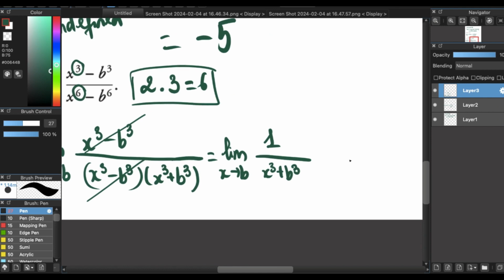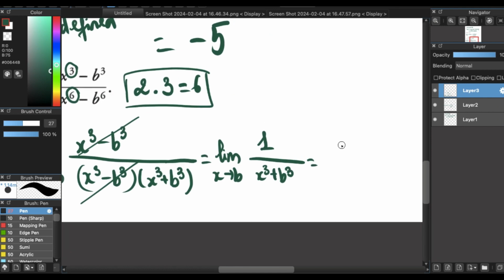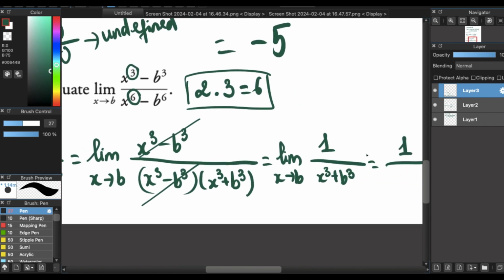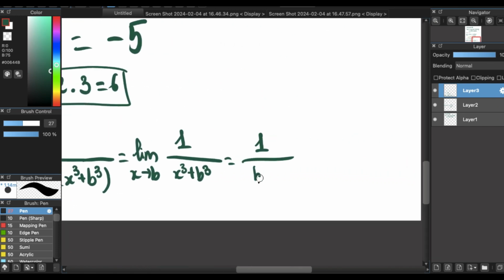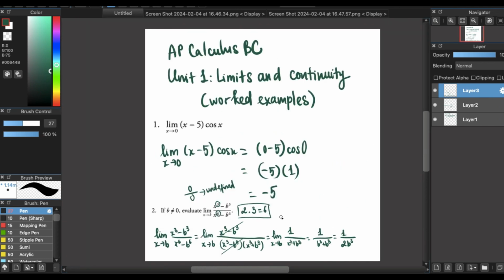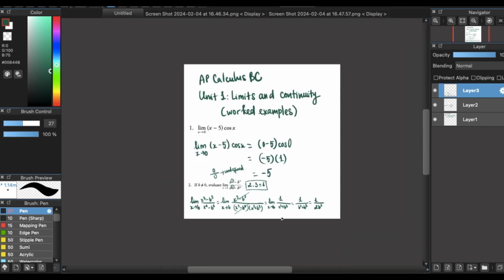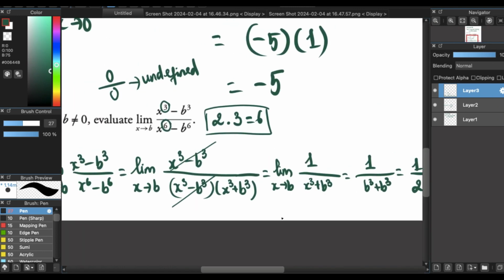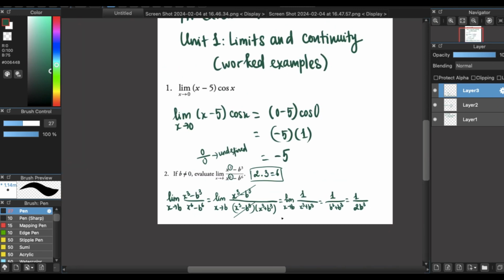And it's going to equal, substituting b in here, plus b triple, and equal to this, which is what we got. So those are the first two examples that we have worked on. It's pretty easy, right? You can see that it's definitely not that hard at all.